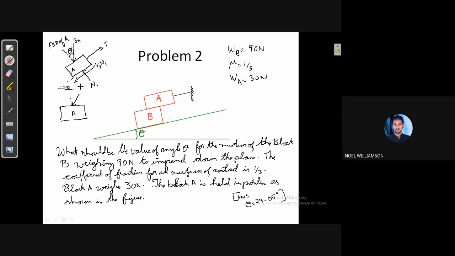That is, we are considering the x-axis along the inclined surface and the y-axis along the normal to the surface.